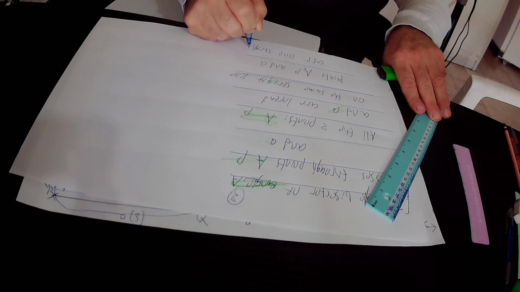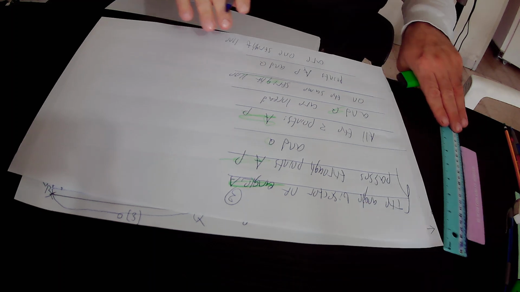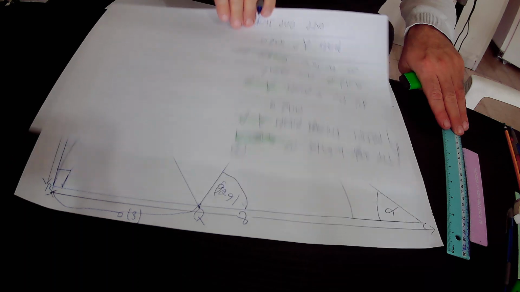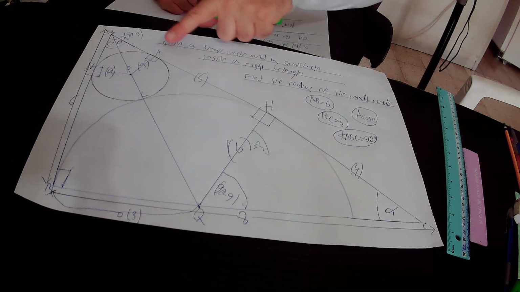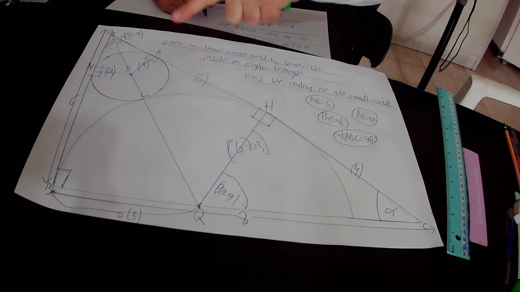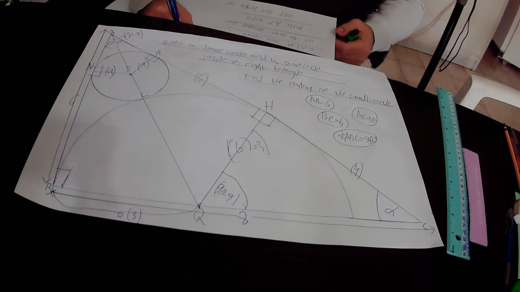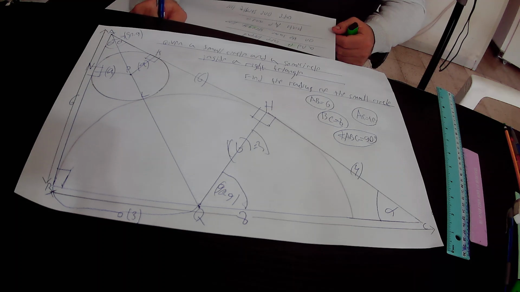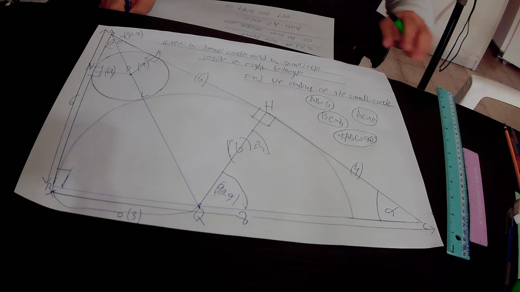Because they are located on the same straight line, therefore they are one straight line. Or line segment APQ is one straight line. So line segment APQ is one straight line.